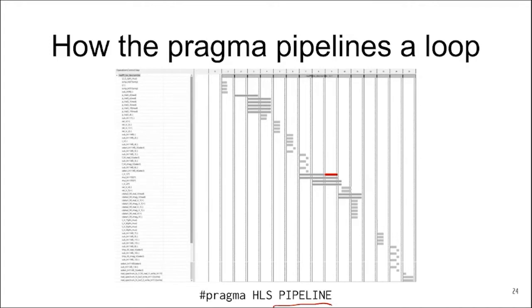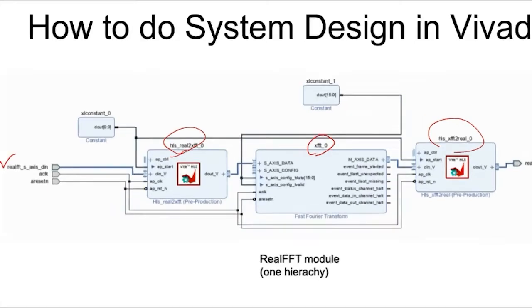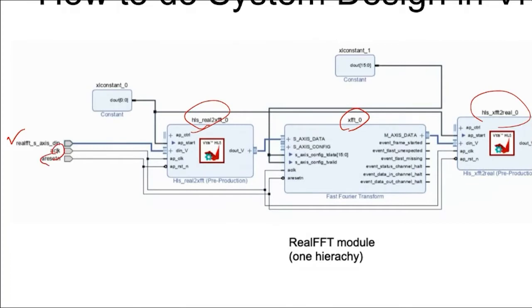This is the whole system design for the real FFT module. The middle one is the Xilinx FFT IP, which is built in, and the left one and the right one are the IPs we just created. In this hierarchy, we create four ports. The first one is the input, and then the output, and then the clock and reset signals.